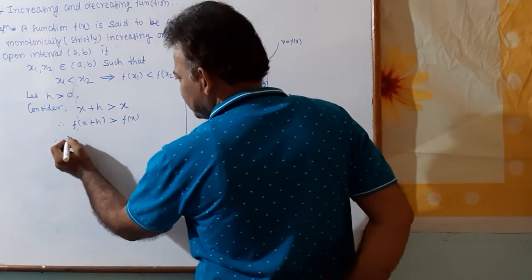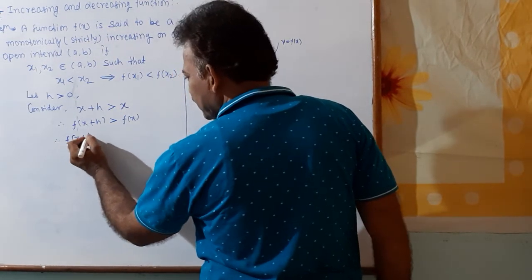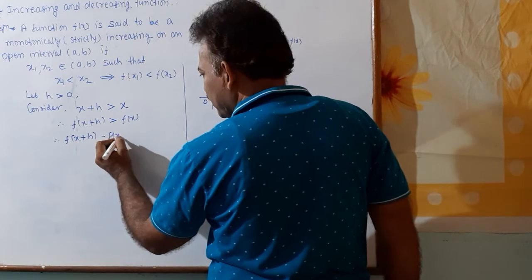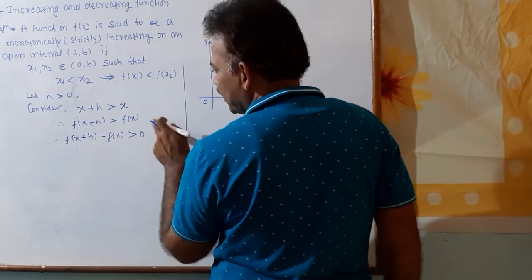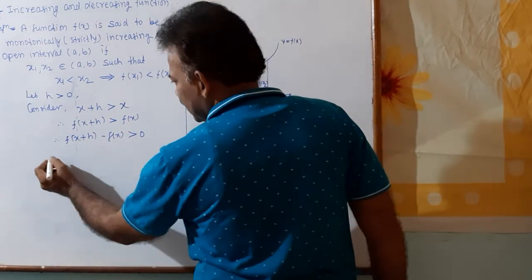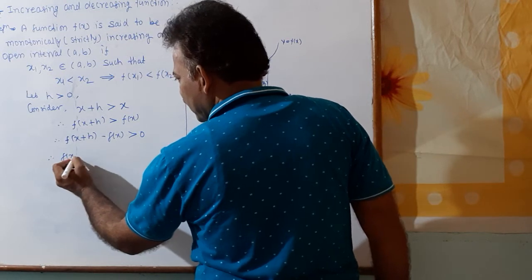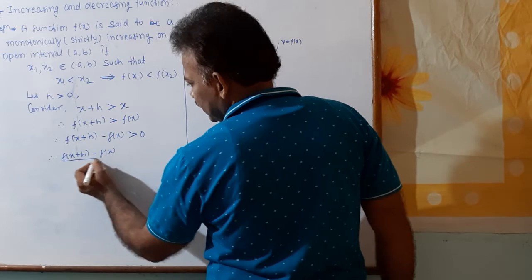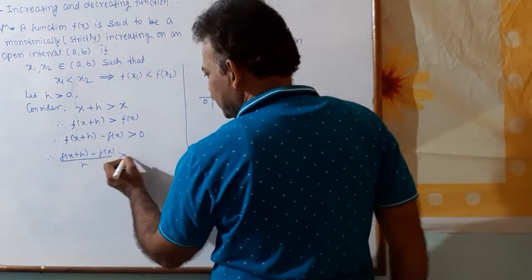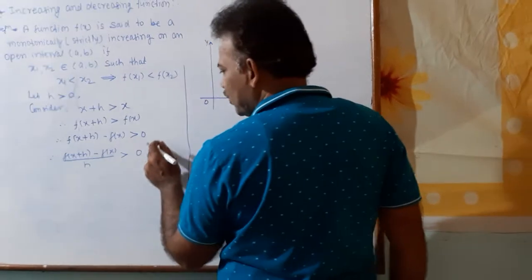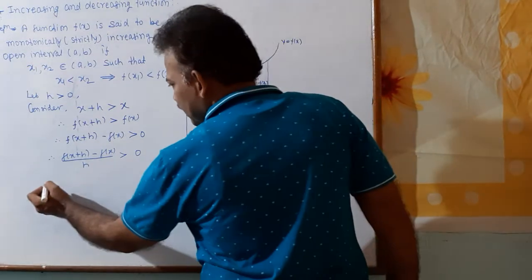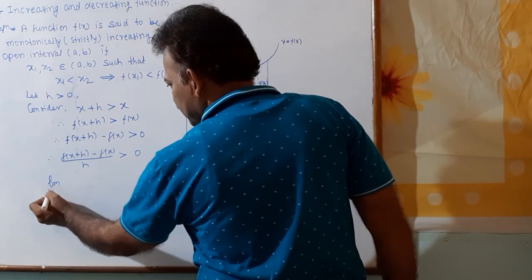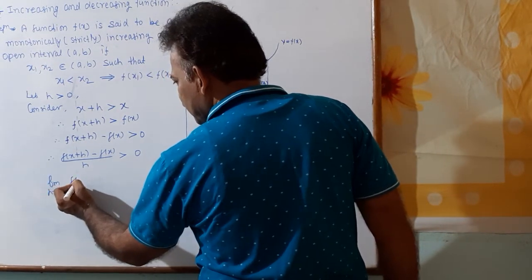We simplify this: f of x plus h minus f of x greater than 0. We have taken f of x on the left side. Then we divide by h on both sides, where h is greater than 0. Right side 0 upon h means we get 0 here. Then we take the limit as h tends to 0 on both sides.